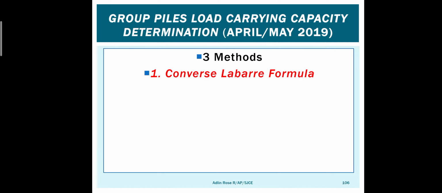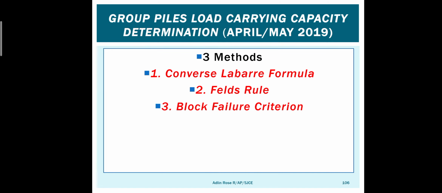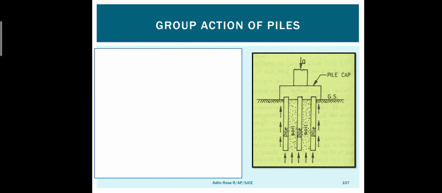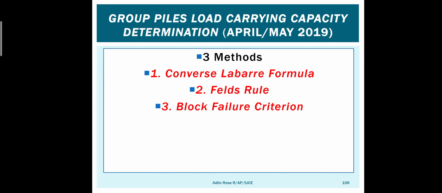One is Converse-Labarre formula, second is Feld's rule, and third is block failure criterion. Here, block failure criterion is very similar to the static method. So most of the problems, I'll give homeworks and problems in this block failure criterion. Okay.